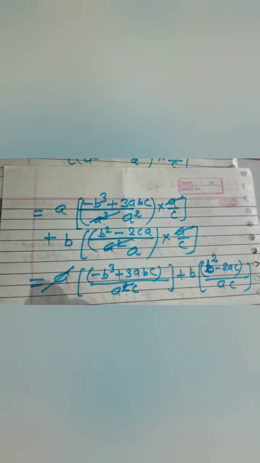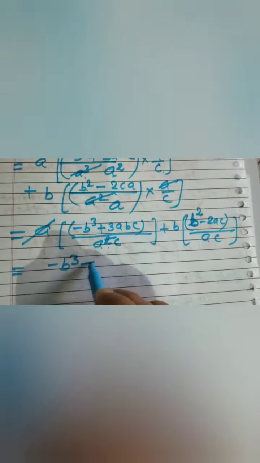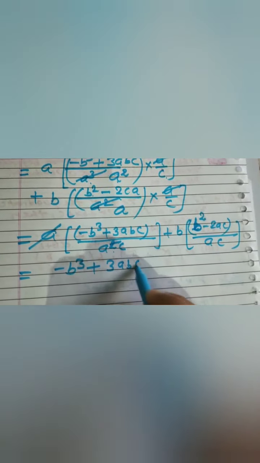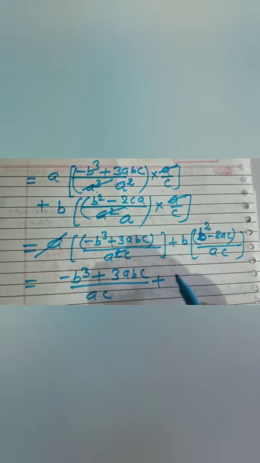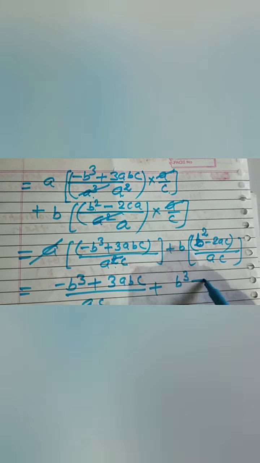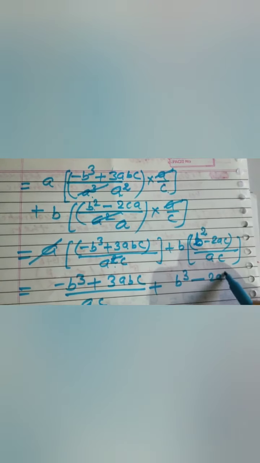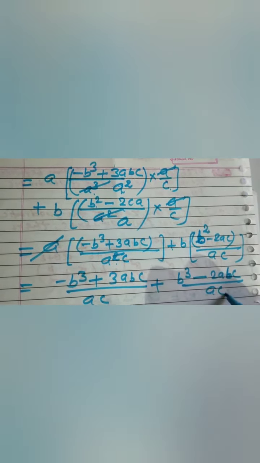So we have minus b cube plus 3abc by ac plus b into b square will be b cube minus 2abc upon ac.